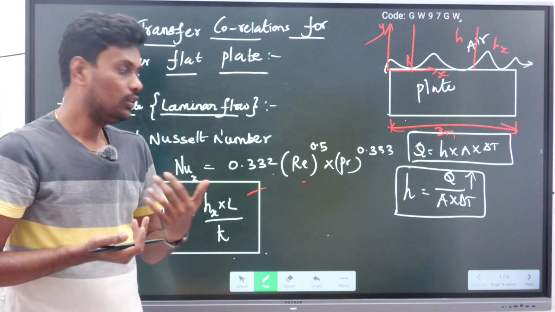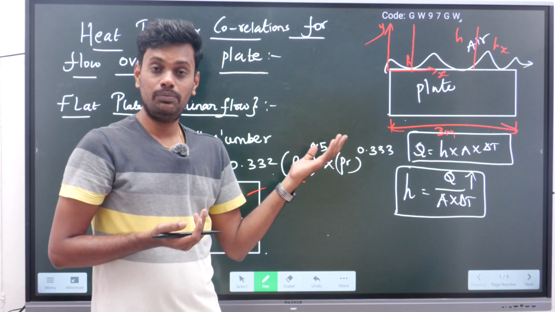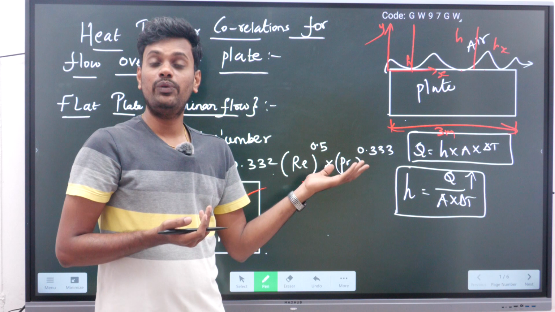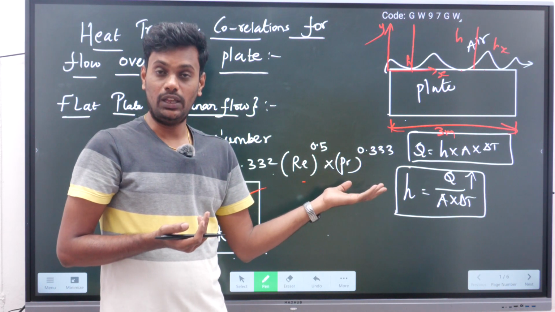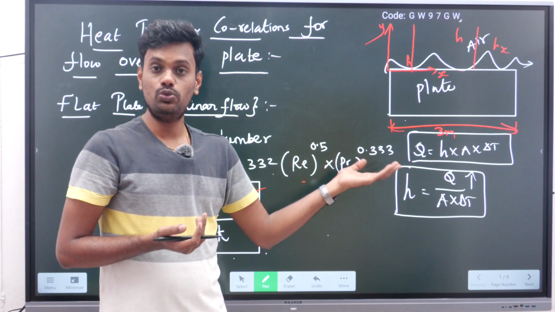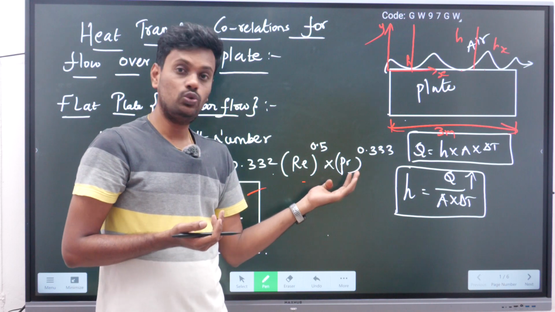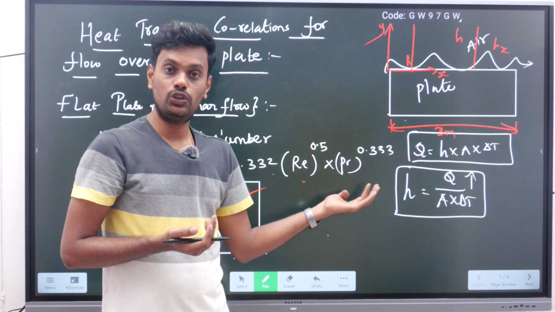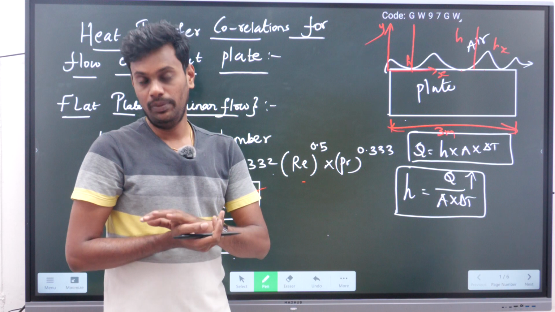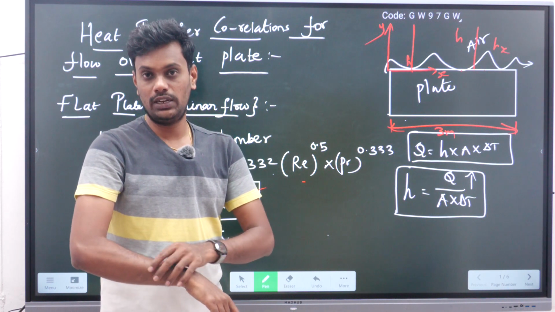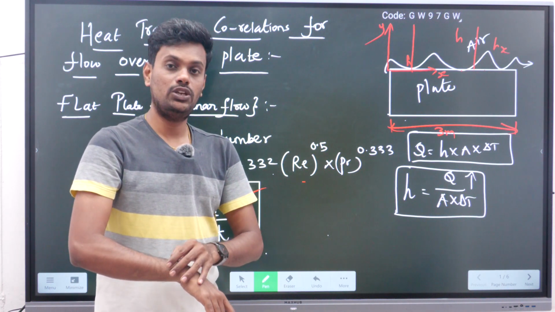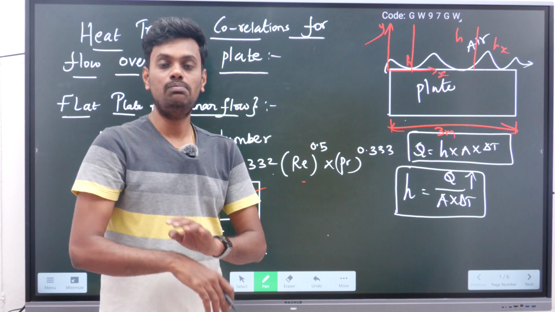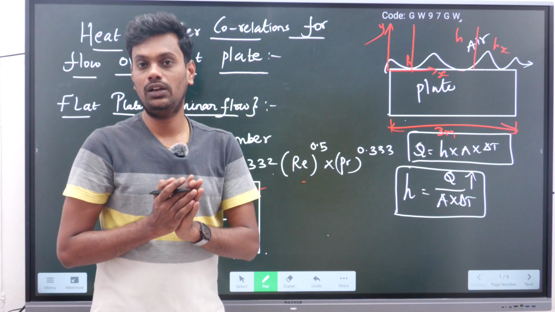Then what is the Prandtl number, which is the ratio between the momentum diffusivity and the thermal diffusivity, which is mu Cp by k. That also you should remember. Sometimes they will ask you to find out the Prandtl number alone. I have seen some of the questions in the GATE examination, and in ESE also, they have simply asked to find out the Prandtl number only.